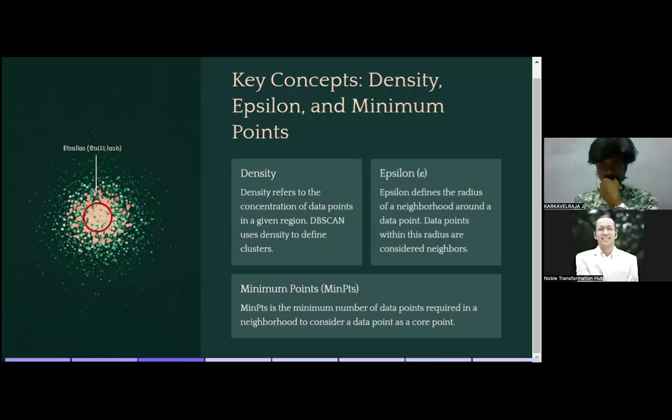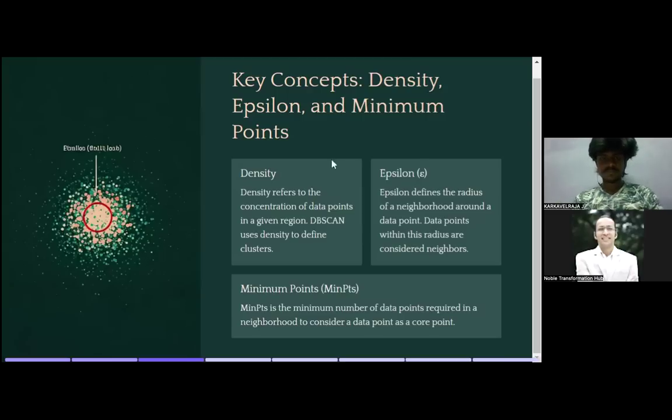The region is big, so you will have three constituencies in one, right? That is what the minimum point is: the minimum number of data points required in a neighborhood to consider a data point as a core point. You can relate it with that, or use other examples to visualize it. So let's move to the other section.